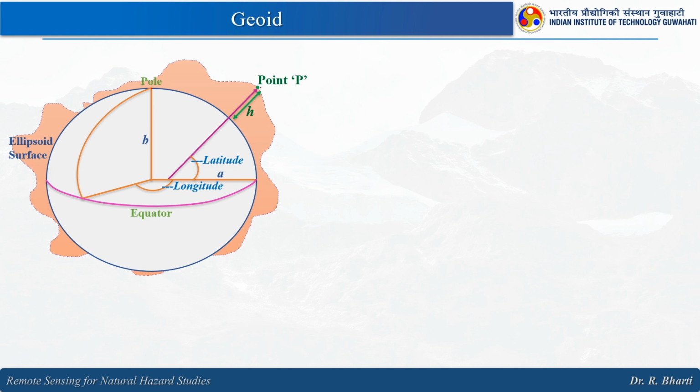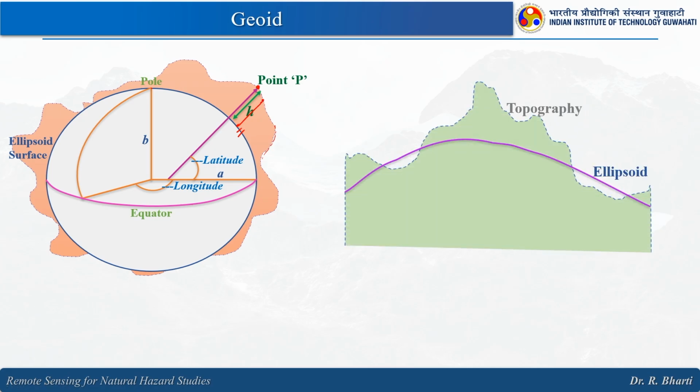Here in this case, the point P is marked which is at the actual topography. We are trying to represent this point with the actual topography, and here this is the ellipsoid surface. There is a difference between this ellipsoid surface and the actual surface. None of them are very close. It is very far, right.